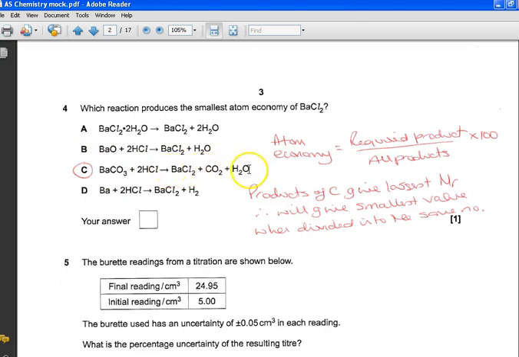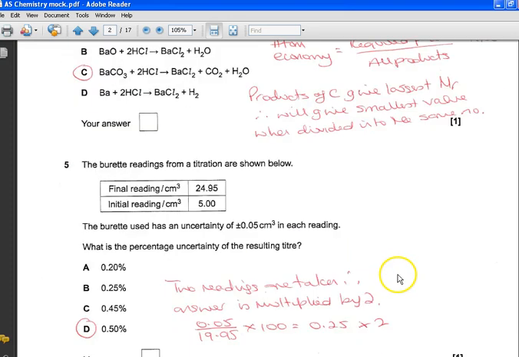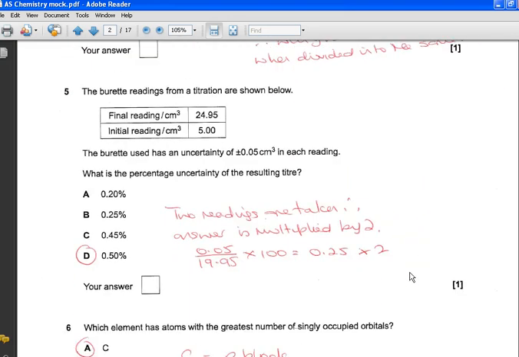You can see there are more products here, so it's kind of an educated guess in a way to go for that one, because the more products you've got, the smaller the atom economy will be, because you divide the required product by all the products, the molar mass of all the products. So, these are all water and hydrogen, so yeah, you've got that extra CO2 in there, so I think you can go for that one fairly confidently.